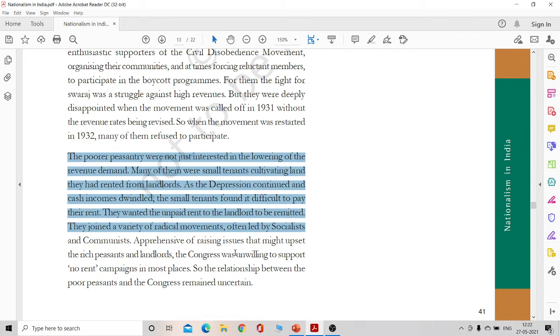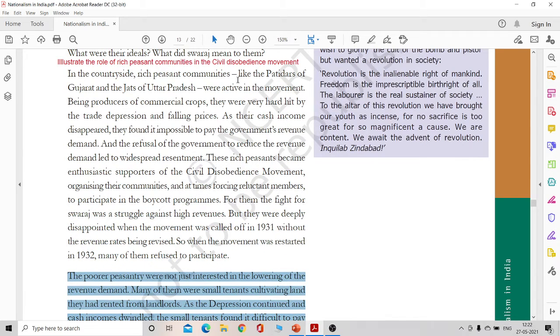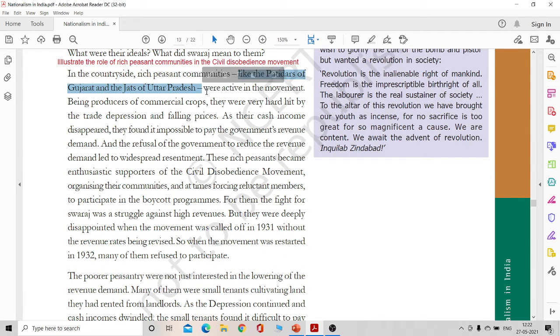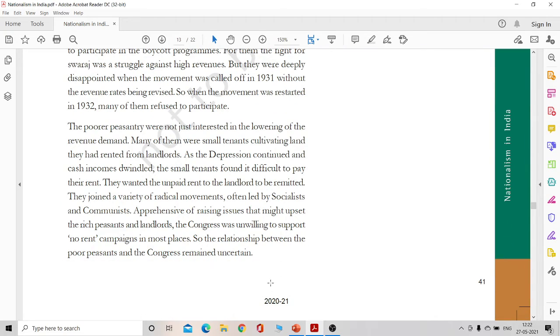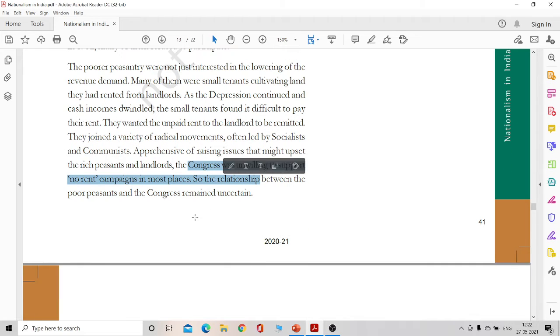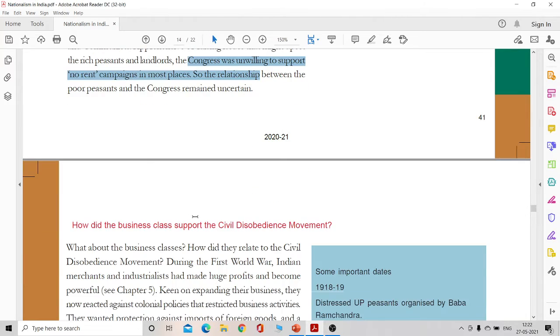Now, obviously, this was against the interest of the rich peasant communities, and that is why there was a clash between the poorer peasantry and the landlord community, right? That is why they were very apprehensive about taking part, because their interests did not match. And the Congress at the other end was also unwilling to support the no rent campaign in case they angered the rich peasant community. And that is why, as far as poor peasants are concerned, the Congress's stance was uncertain.